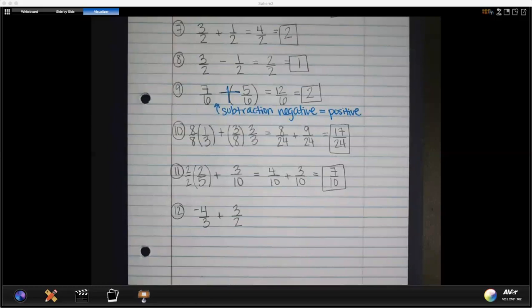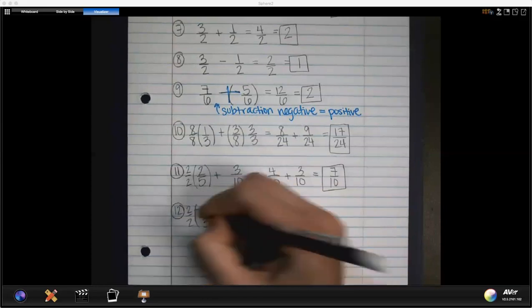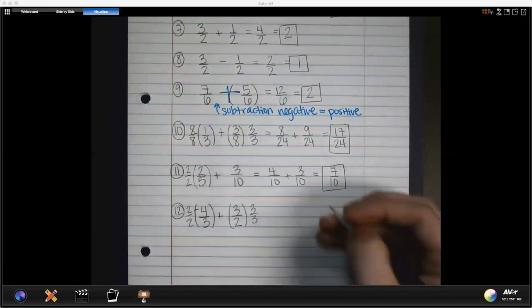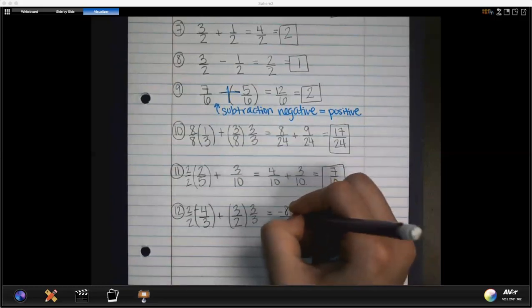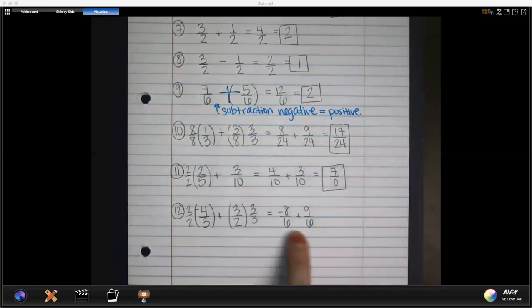Okay, so what should be the common denominator between these two terms? 6. So we're gonna multiply the first one by 2/2 and the second one by 3/3. So we get -8/6 plus 9/6. Because the denominators are the same, I can add across the top.